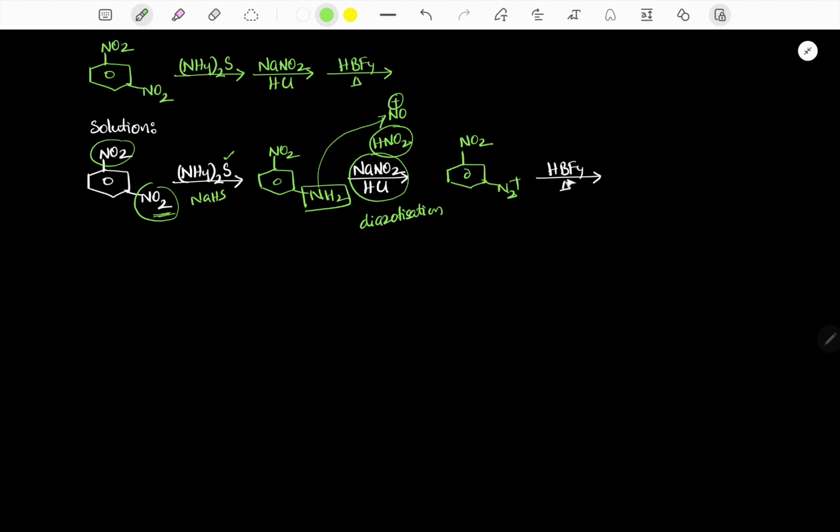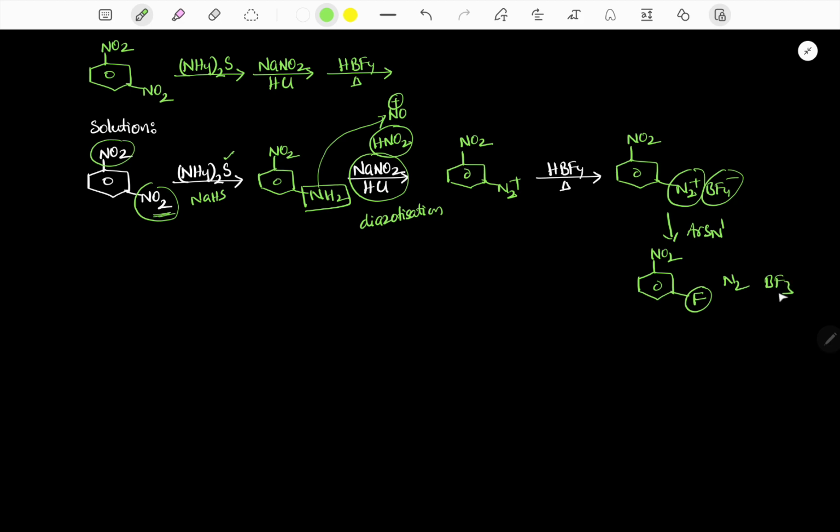Now this diazonium compound is treated with HBF4. Initially it forms a water insoluble salt. When this salt is heated, it loses N2, it loses BF3, and one F is left, and that F reacts with the corresponding benzene through SNAr mechanism.